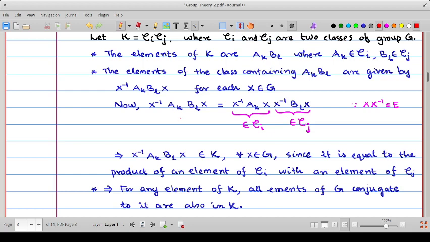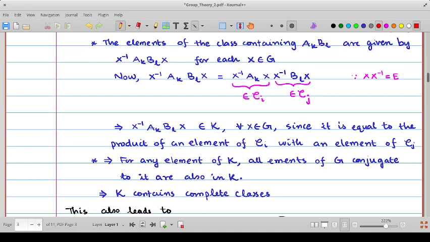So that means X inverse AK X is in Ci, X inverse BL X is in Cj. And therefore, the product on the left hand side is simply obtained as the product of an element in Ci and an element in Cj. So that means that is an element of the class product K, because K contains all elements of type AKBL, where AK is in Ci and BL is in Cj.